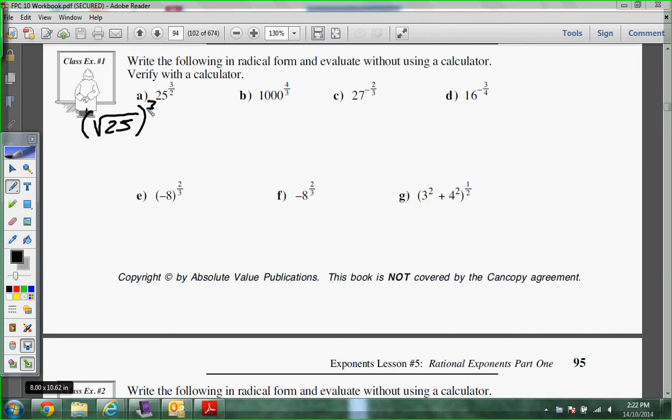And what's the square root of 25? And you know what 5 cubed is? No, 125. Okay. All right, Janae, part B. Okay, and the cube root of 1,000 is? And you know what 10 to the 4th is? 10,000. Good.